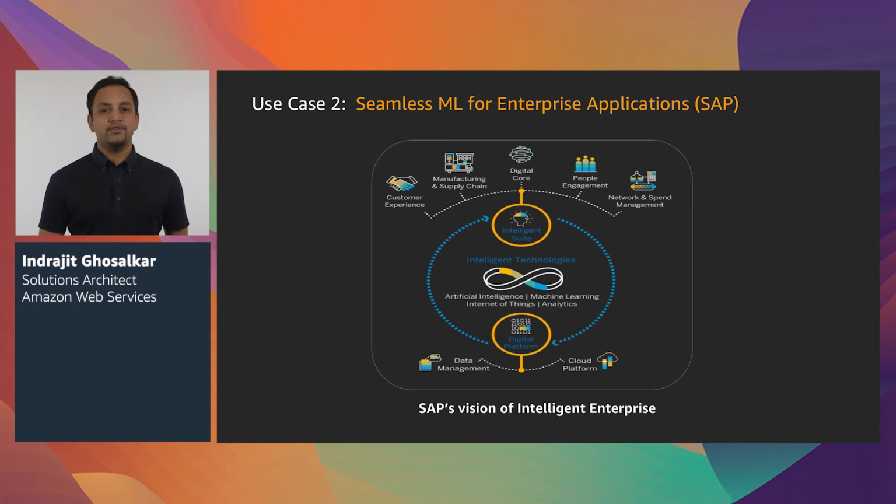Now, coming back to our mission, machine learning in hands of every developer, and to my title, All Things AI/ML, imagine you're able to integrate our machine learning services, especially Sagemaker, into SAP workloads using only native tools provided by SAP and AWS. And that's my use case 2.